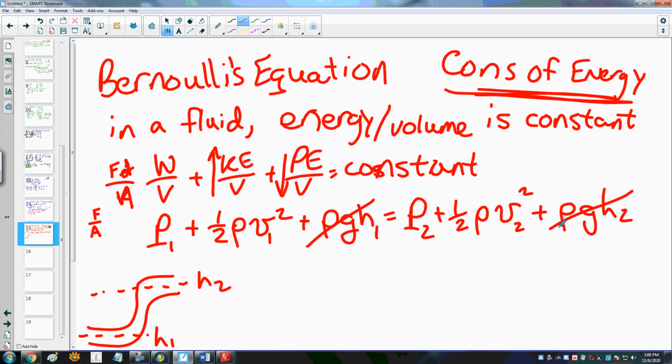And if you have that scenario, then if the velocity goes up, the pressure goes down. So there's an inverse relationship between the pressure and velocity. For example here, if P2 was to go up, that means that V2 would go down, and vice versa. Okay, so that's not intuitive, right?